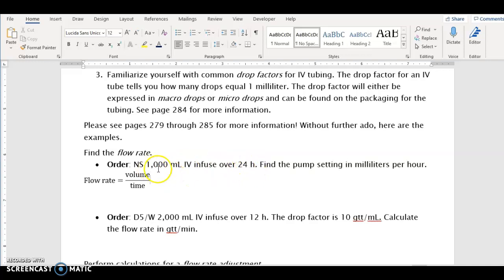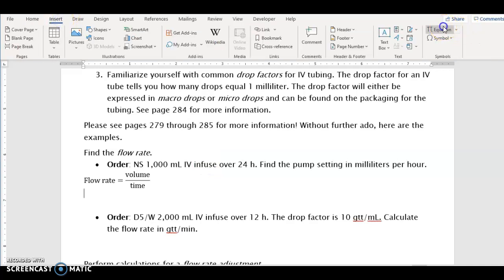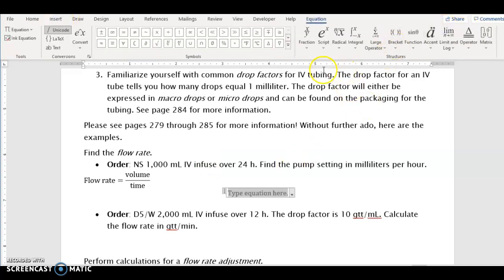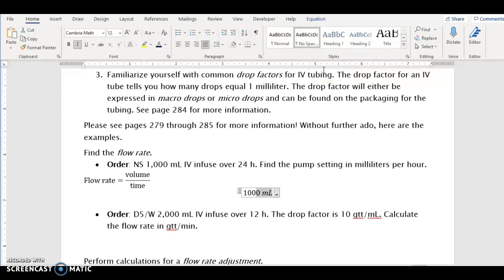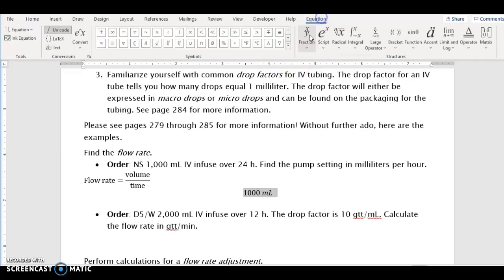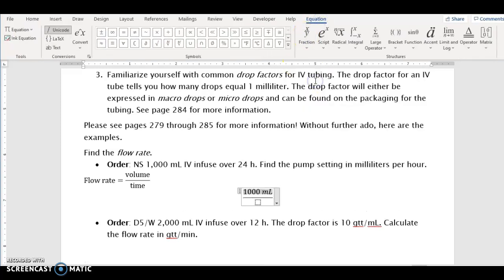With the amount of solution, 1000 milliliters, and the period of time, 24 hours, we can easily figure out the flow rate. So it's going to be equal to 1000 milliliters over 24 hours.